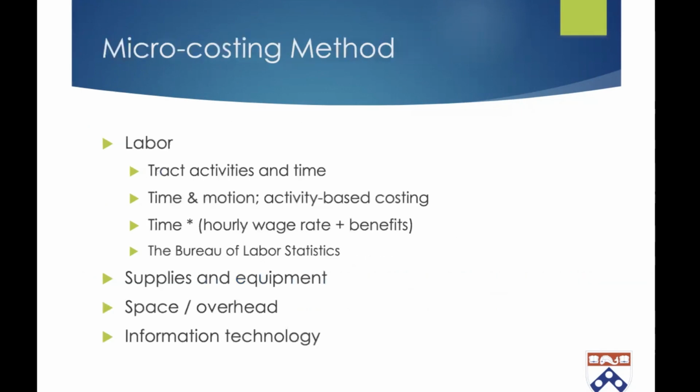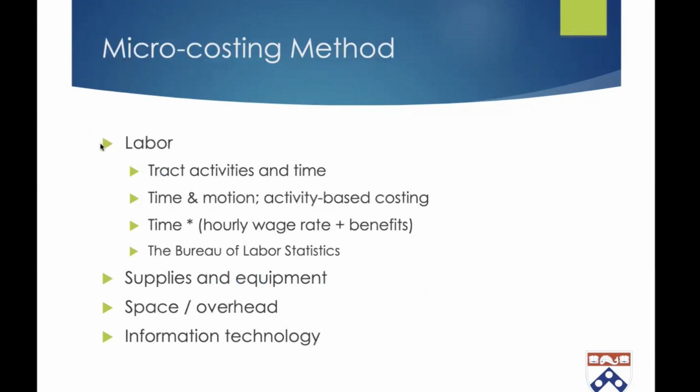Micro costing, again, would often be for the provider side. So if you're taking the perspective of the hospital having to implement a new strategy, a new service, whatever the intervention is, your labor is going to be a big cost.